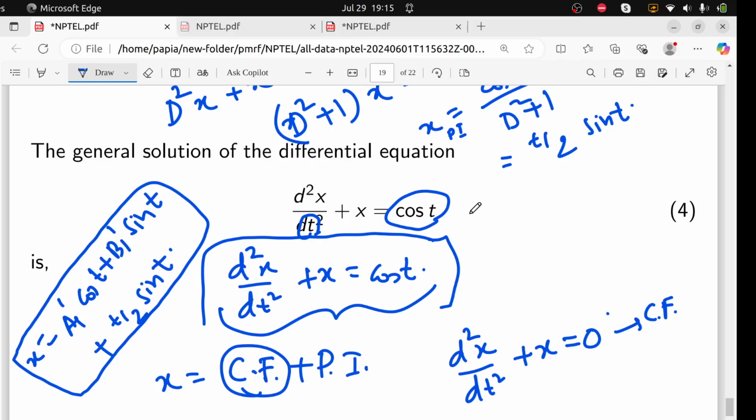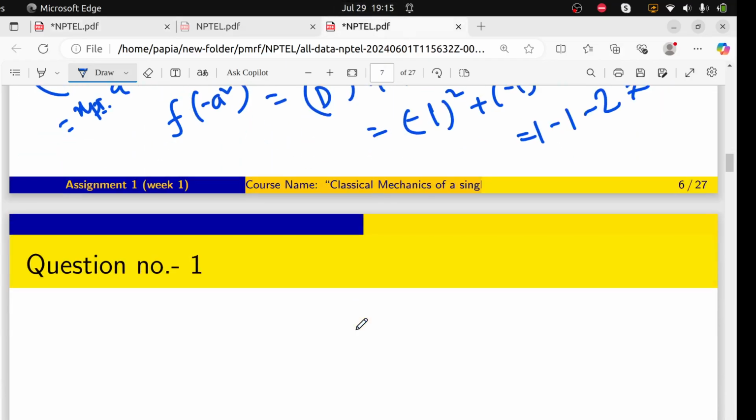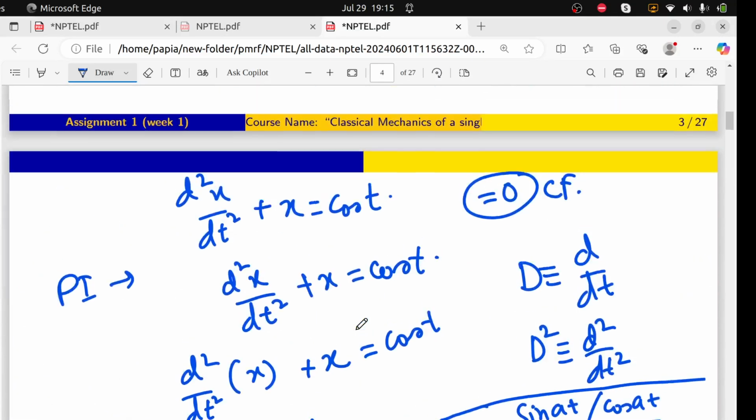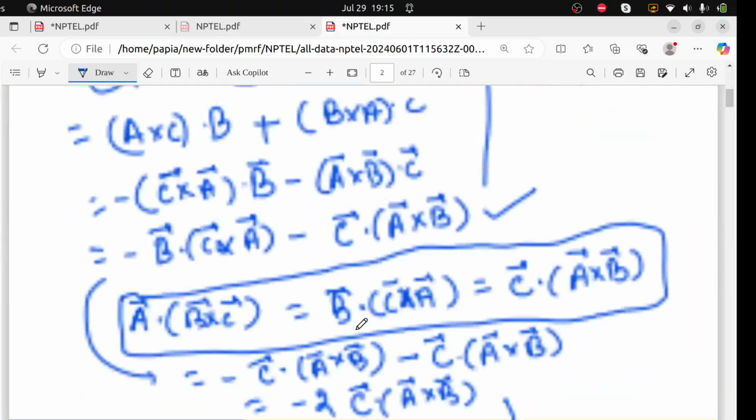I think it's fine. Ma'am, it's fine? No, ma'am. Could you explain it once more? Which part? CF and PI or the whole part? CF as well as PI. Okay, fine. Whenever you have some problem, you can tell me. I don't have any page right now. What should I write?